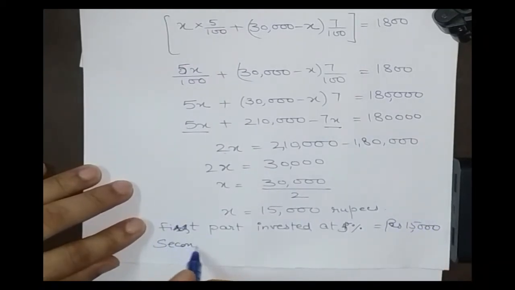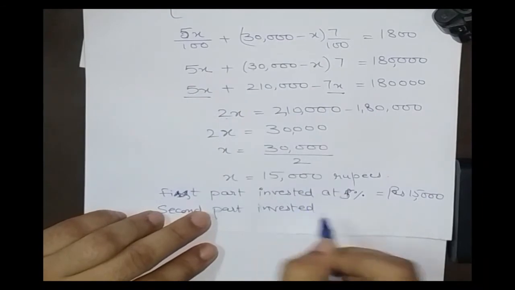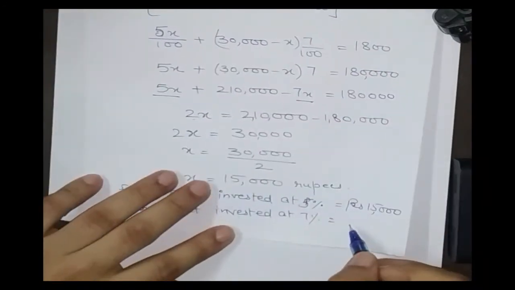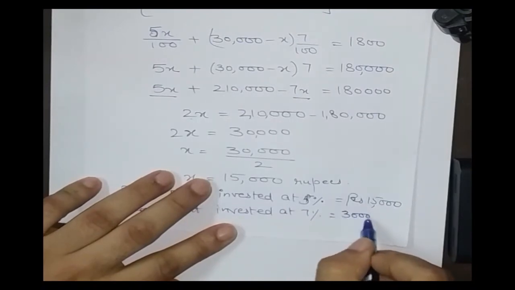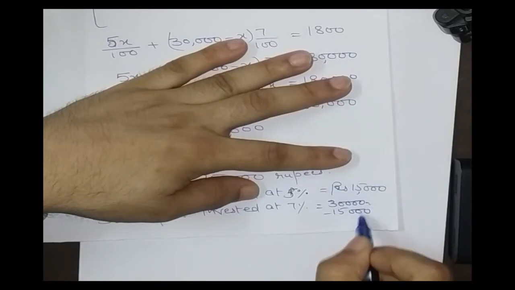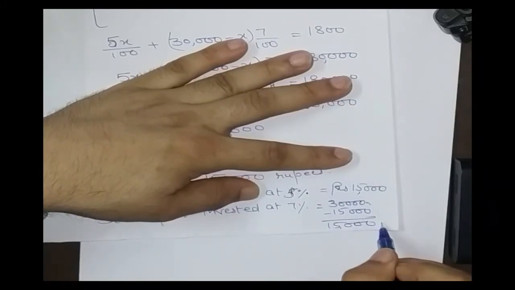Second part invested at 7% is equal to 30,000 minus 15,000, which is 15,000. Now we'll do the second part of the question.